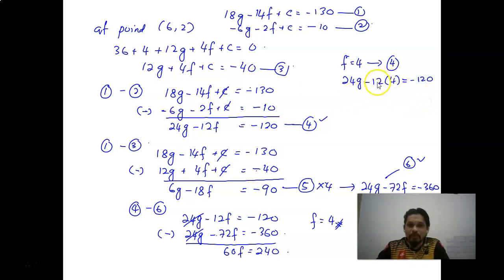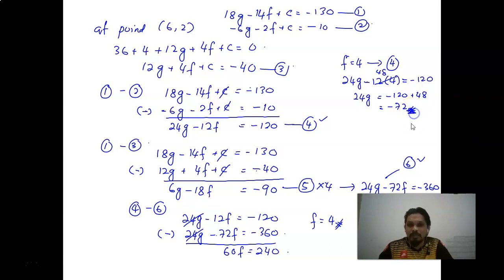Okay, 12 times 4 is 48, then 24g, this is negative 48. Bring to the side, become positive. So here is negative 120 plus 48. Okay, 48 minus 120 equal to negative 72.